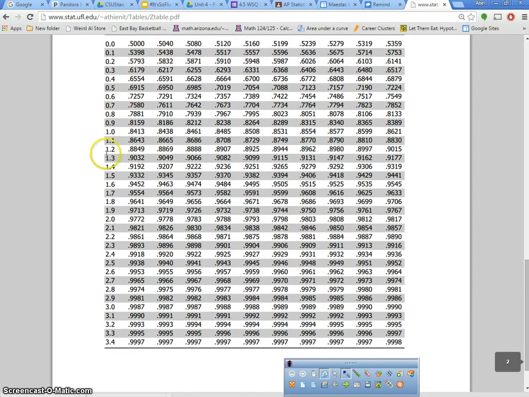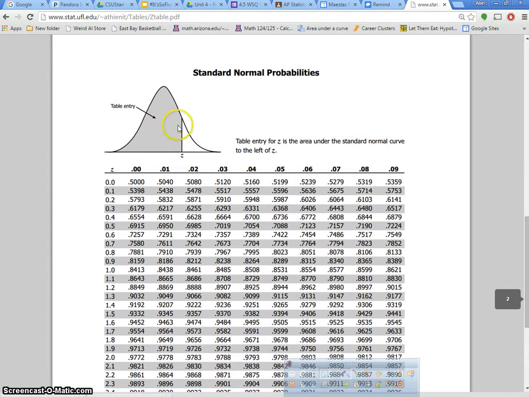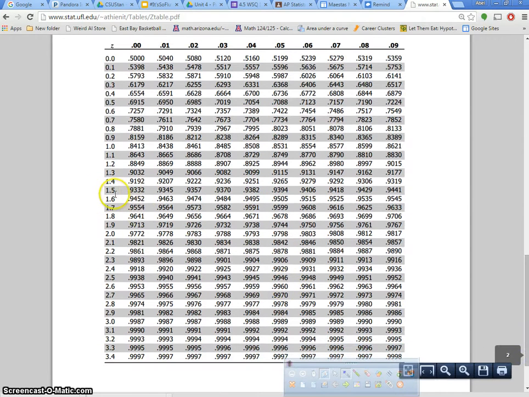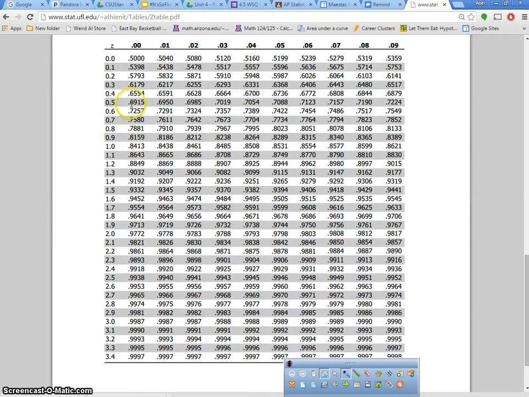And remember that this table is giving me all the values that are lower than z, right? So I want to find the value for 1.5, and I'm going to subtract from it the value for 0.5, and that should give me the probability in between. So 1.5 is 0.9332, minus the probability when I have a z-score of 0.5, which is 0.6915.